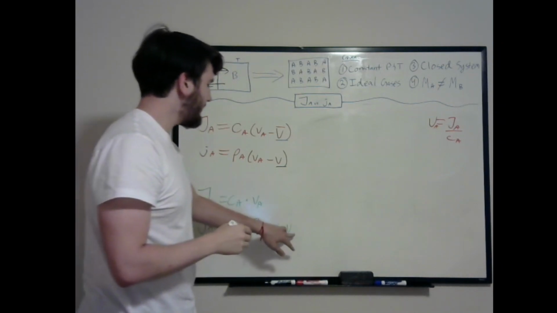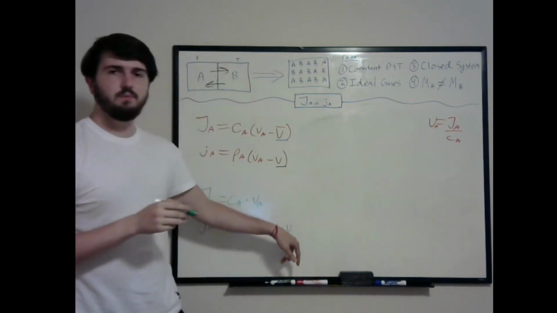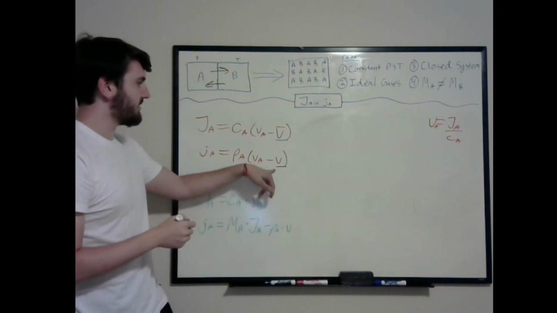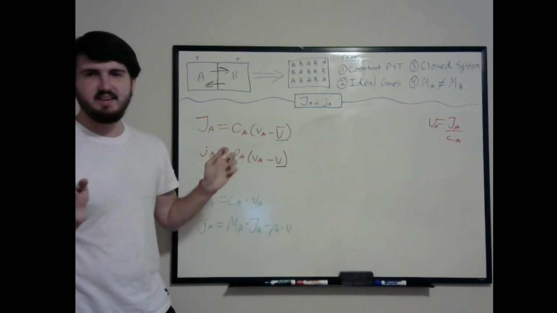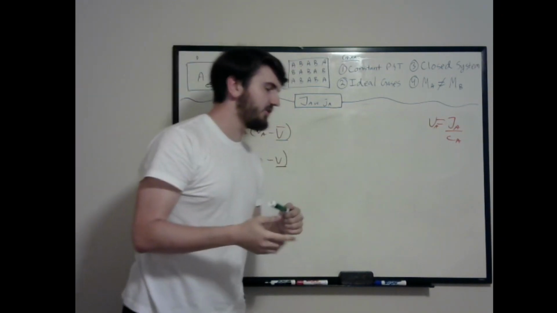So right now what we need to do is figure out the mass average velocity, because I said we're going to have to get rid of these. You're not really getting rid of them, you're changing them around.